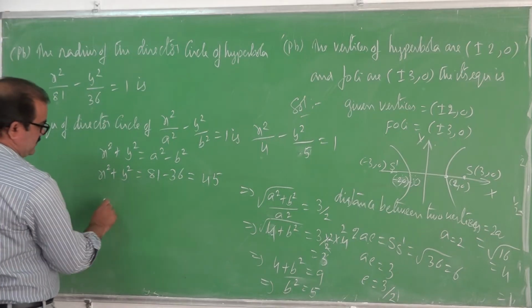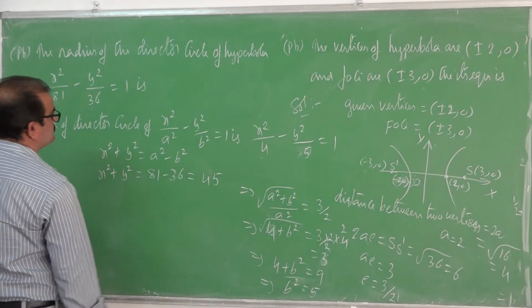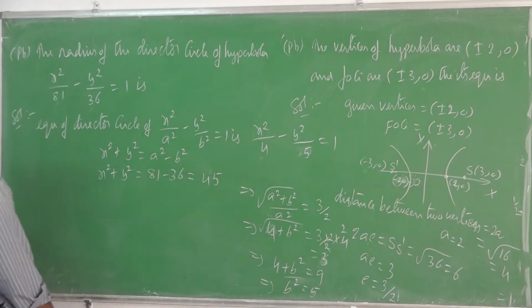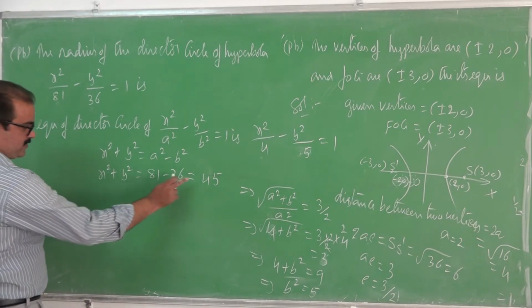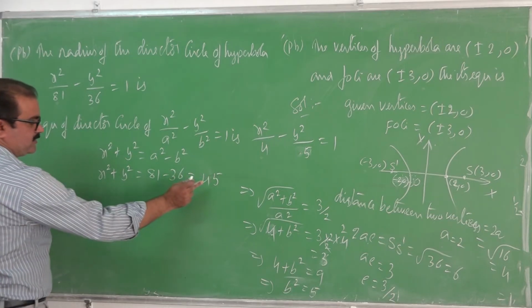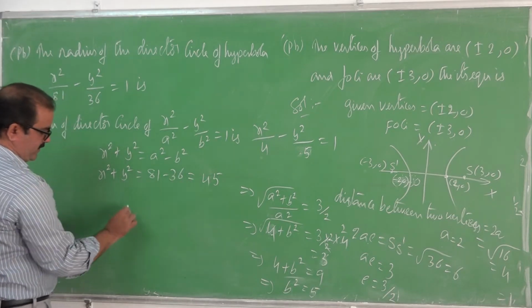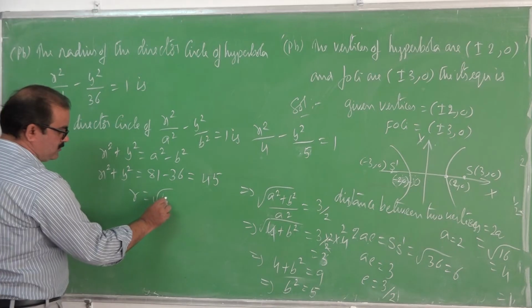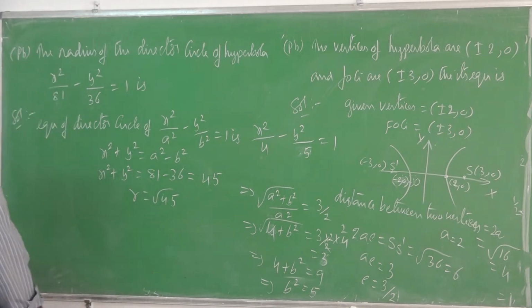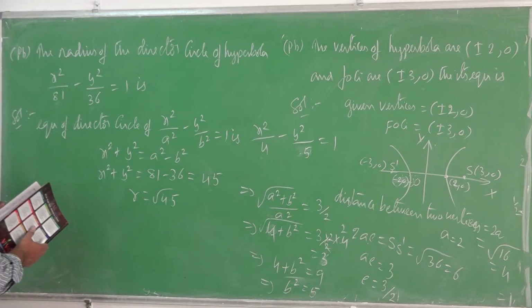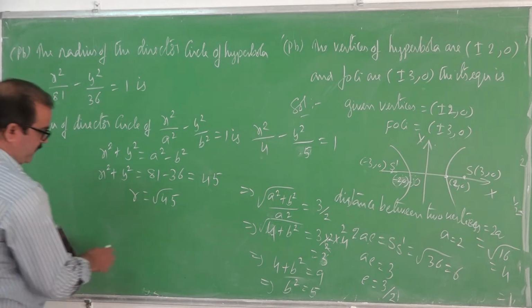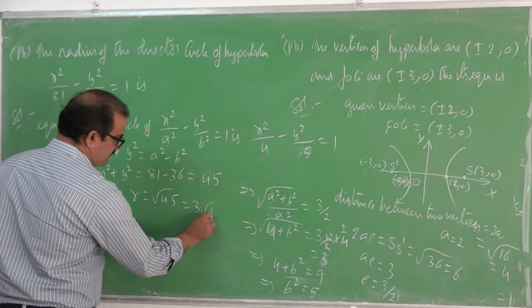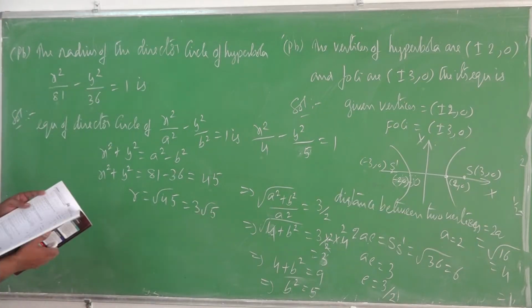So this is the director circle, x square plus y square is equal to 45. We find the radius of this director circle. It is in the form x square plus y square is equal to r square. What is r square? 45. So r is equal to root 45. Write it as root of 9 into 5, root 9 is 3. That is 3 root 5.